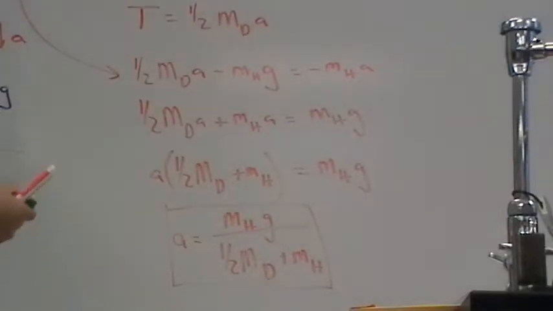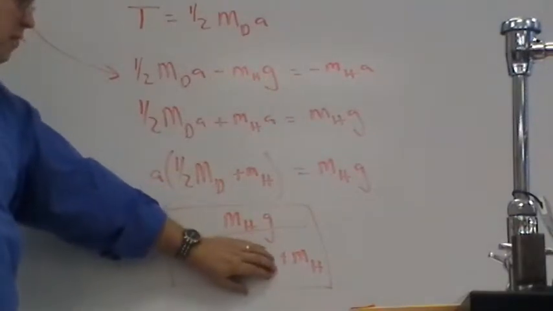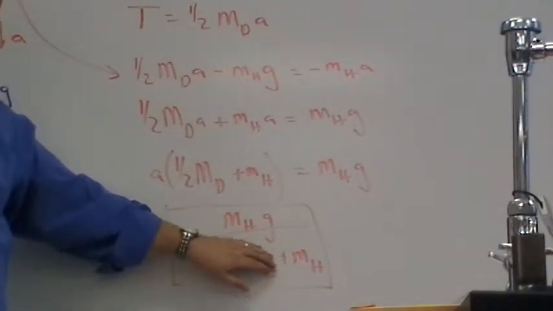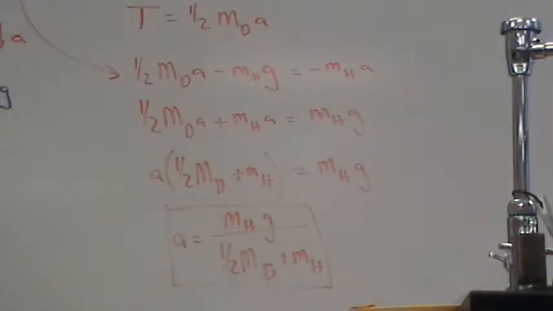Because if that was massless, that term wouldn't be there, and the acceleration should be g. Now, the fact that you have to rotate this disk slows down the acceleration. But do you have to rotate, or do you have to move all the mass?